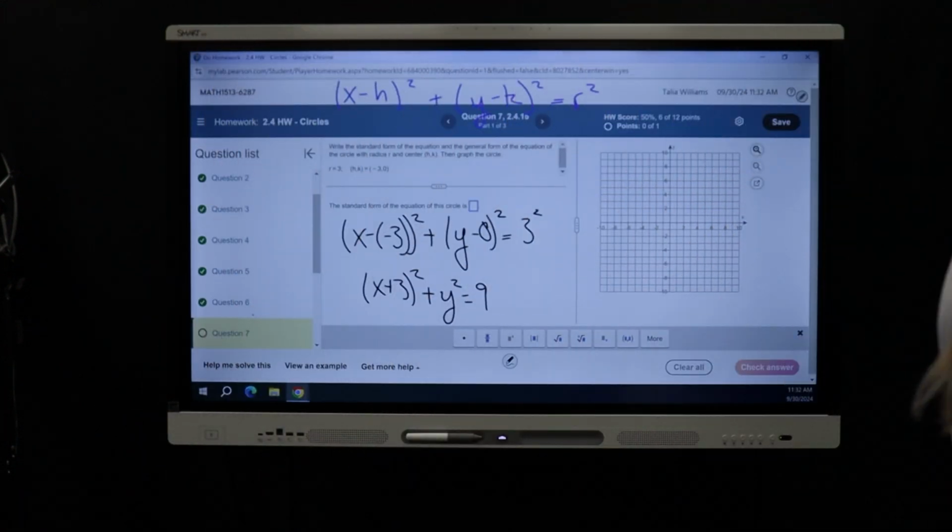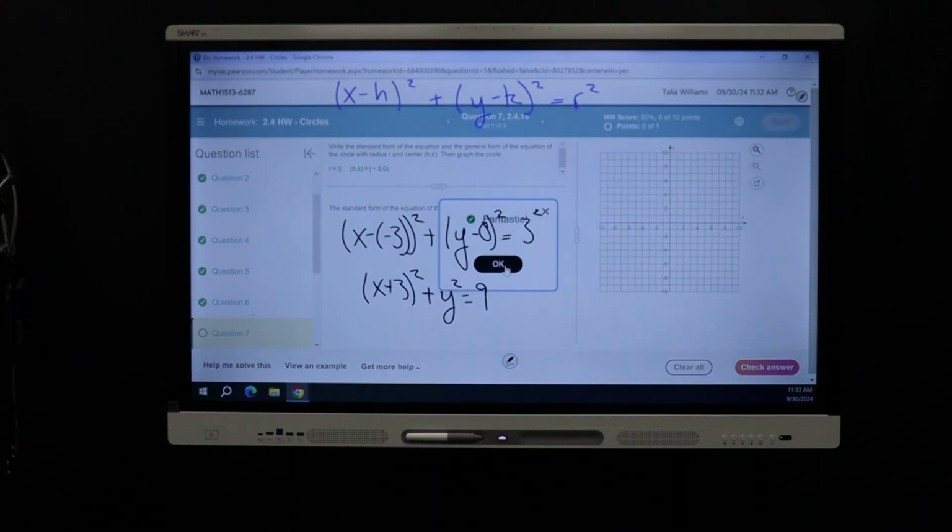I'll do that and then I'll show you all the general. x plus 3. Be sure you put your parentheses when you have anything with them. Plus y squared equals 9. Okay.